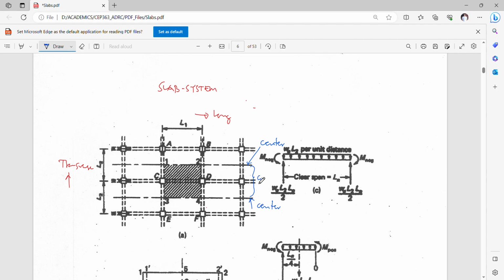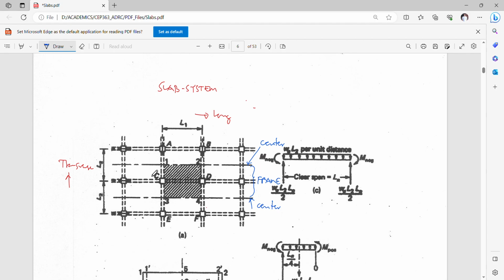Sorry, not the column strip, but your frame strip. So this is now the frame strip. That's why it's called equivalent frame. This is your frame strip, which is the center half of the bay L2 here and L2 at the other side.